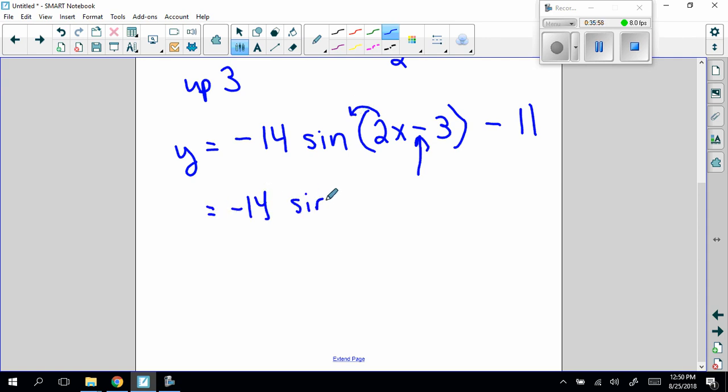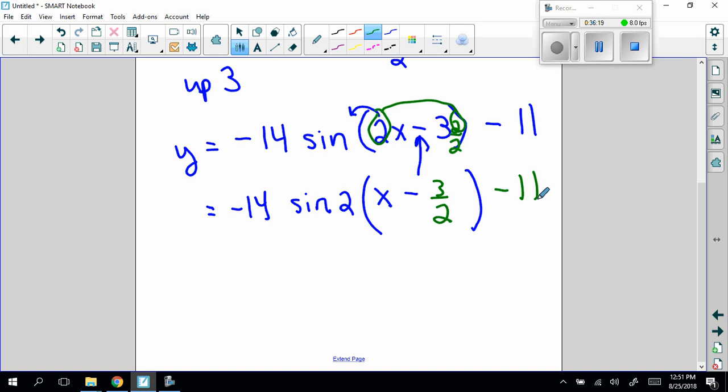And you're like, how can I pull out a 2? There is no 2 right there. Yeah, there is. See that 2 over 2? There's a 2 there. So I'm going to lasso this 2 and lasso that 2, rip it out, and you see the 3 halves? That's what you do. Minus 11.